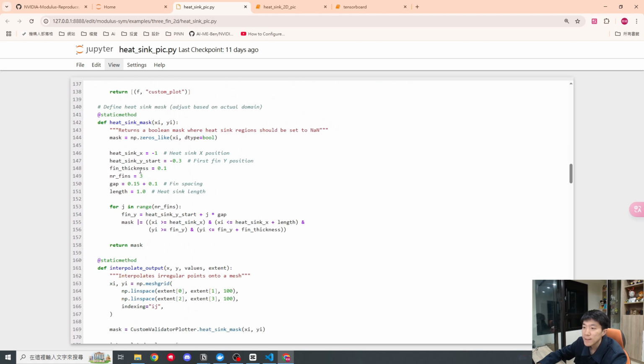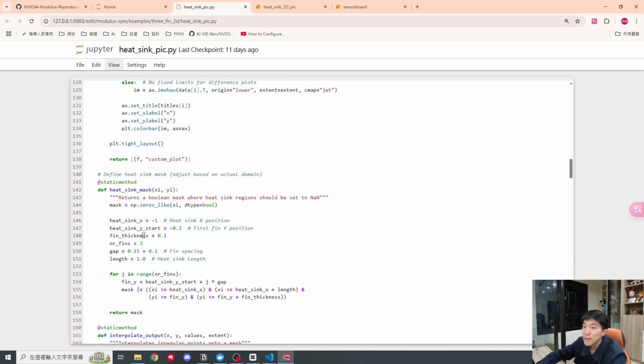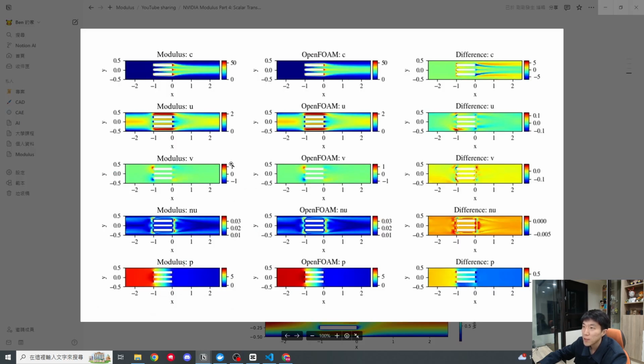And also we define the heatsink mask, because when we plot, we will get a whole region in this channel.